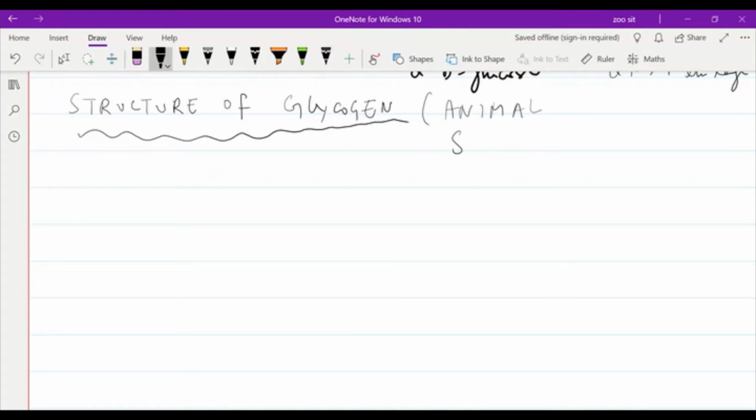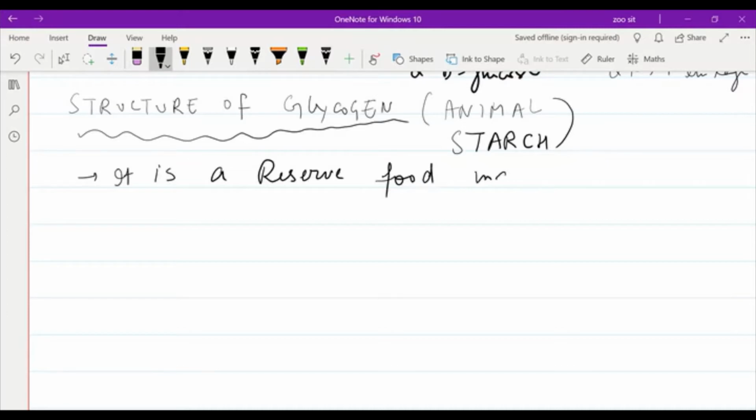It is a reserve food material in animals, and is often called animal starch.